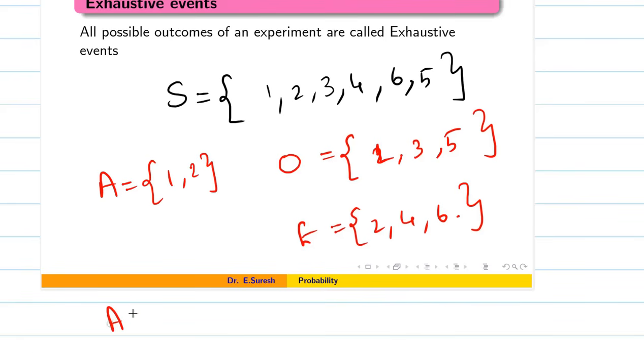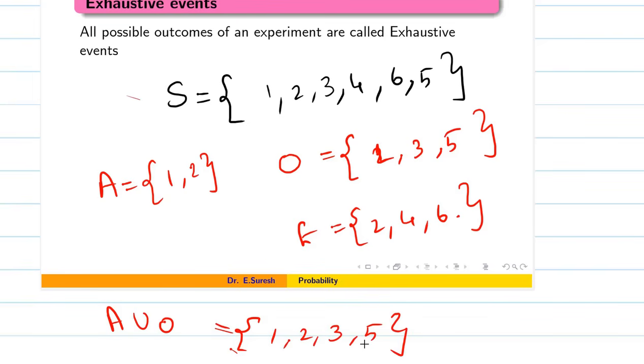So now I am taking A union B. Here we don't have B, so I am going to take A union O. What are the elements in these two together? 1, 2, 3 and 5.